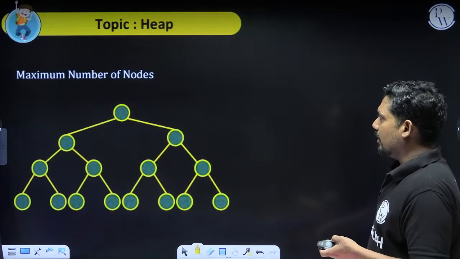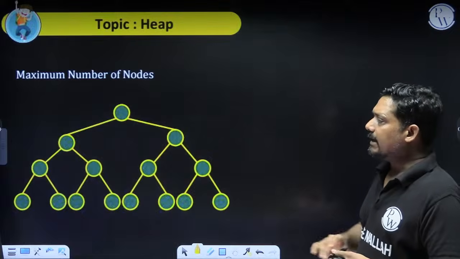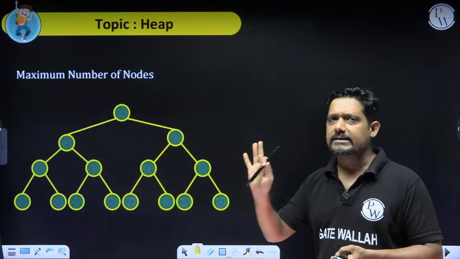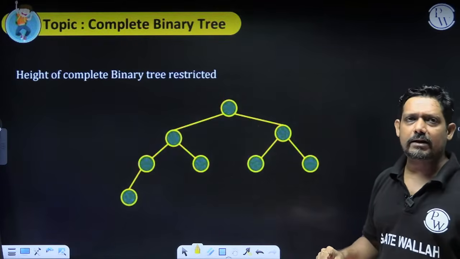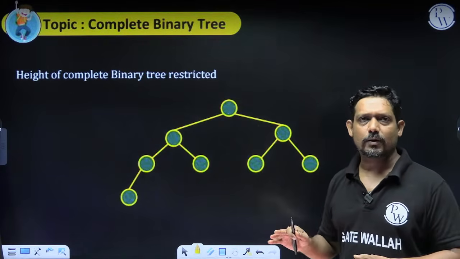Now if you have a CBT, then this is a property, and the properties of a CBT comprise two things.